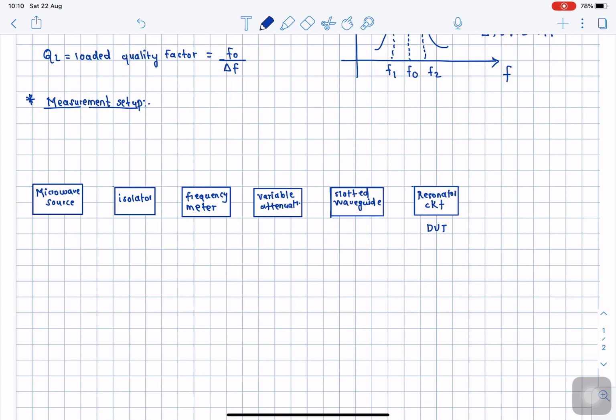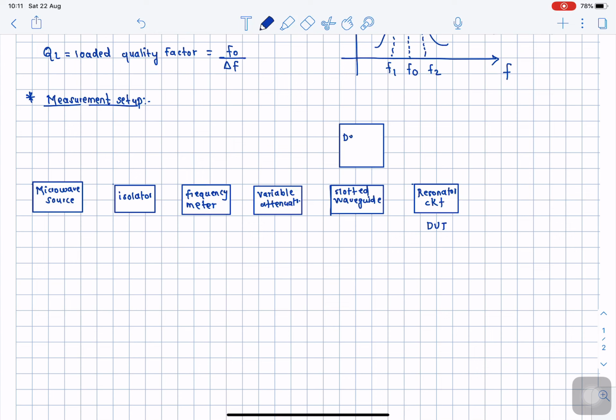The slotted waveguide section is then connected to the detector probe in this way. Here we have the detector probe, and finally this detector probe is connected to the output device.